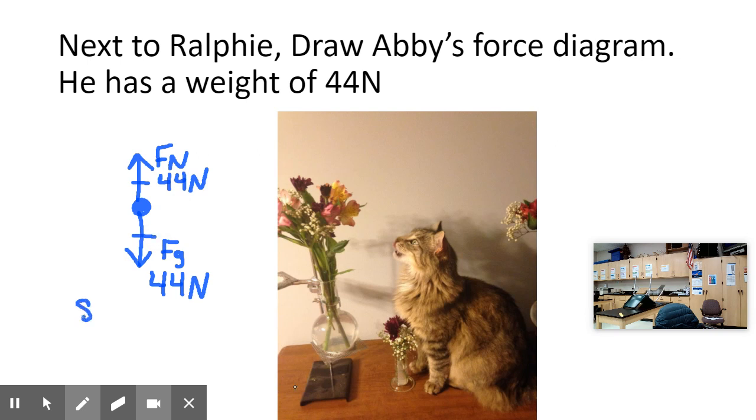Side note, smaller than Ralphie. Got it? Not too tough, right?